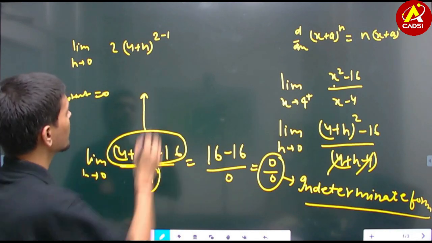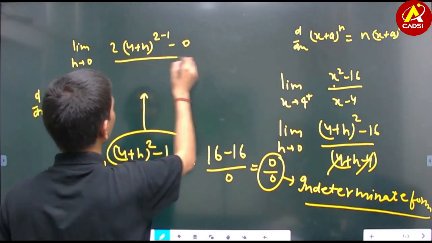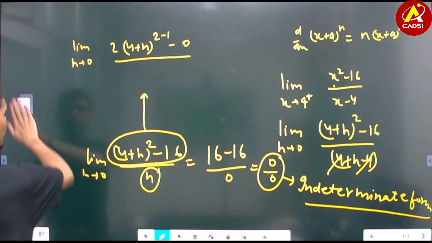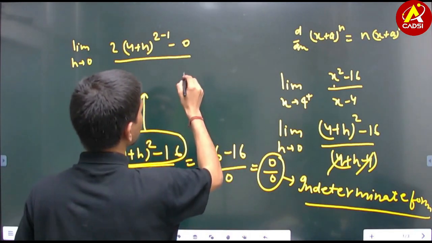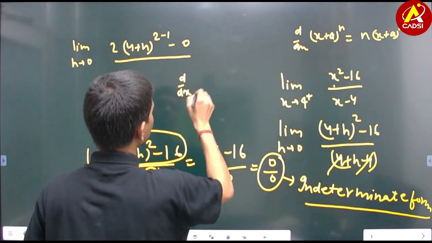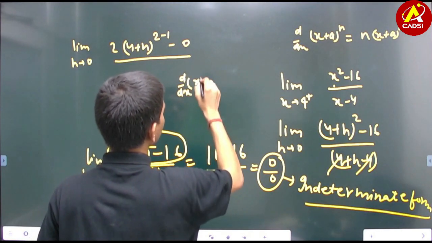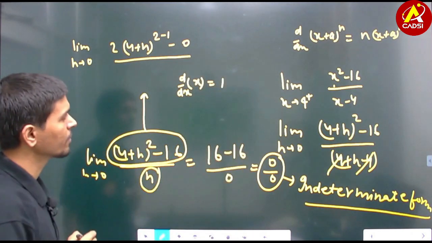So minus 0 upon h to the power 1, because d upon dx of x equals 1.